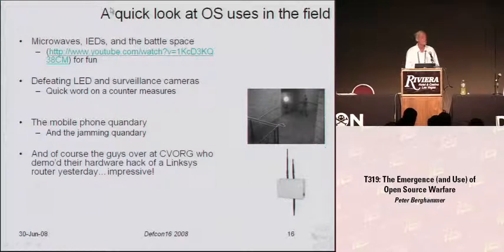And then yesterday, I also want to give a little shout out to the CV.org people who opened my eyes to a particular hardware Trojan that they were able to implement on Linksys routers. It was so innovative, so simple, and so unique that I got really stoked.